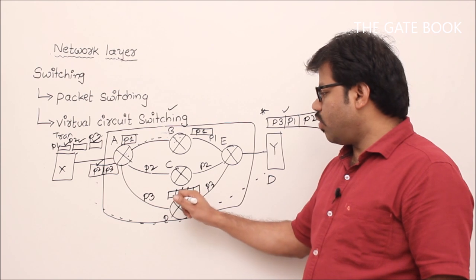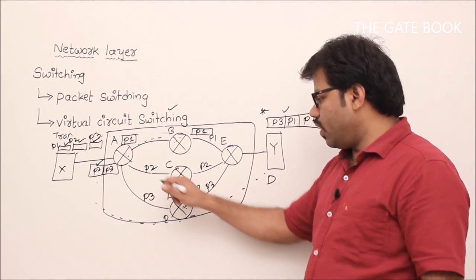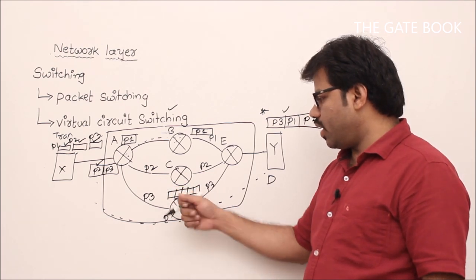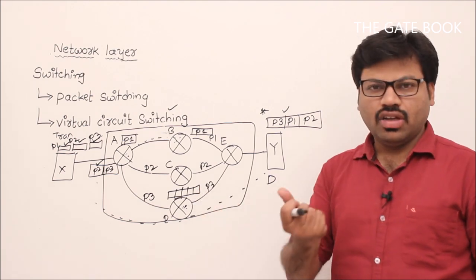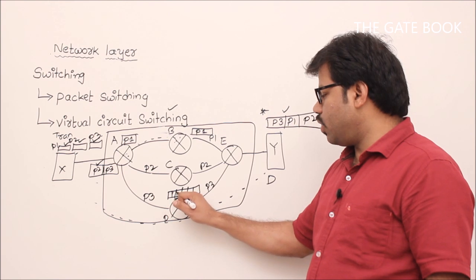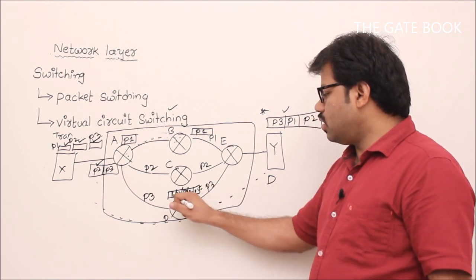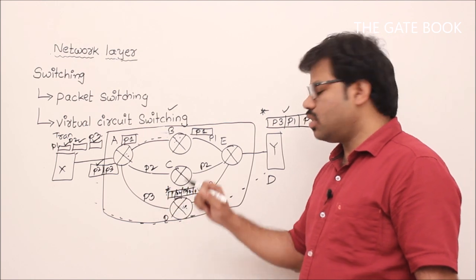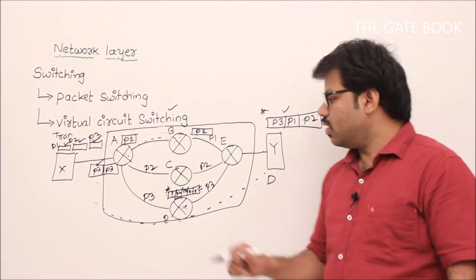What happens if everyone sends the data to this router? It has to buffer it. If it doesn't buffer, then how will the data be retained? That's why this router is going to buffer all the packets, P1, P2, P3, but still packets are coming. This router will have a limited buffer, so the buffer is going to overflow.